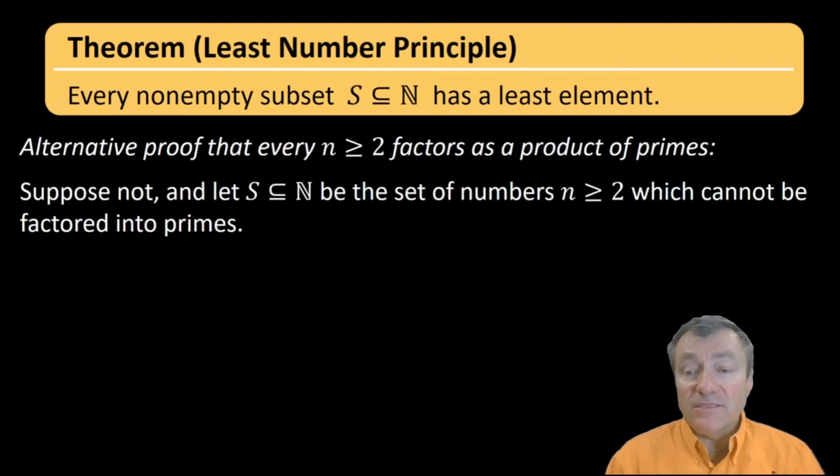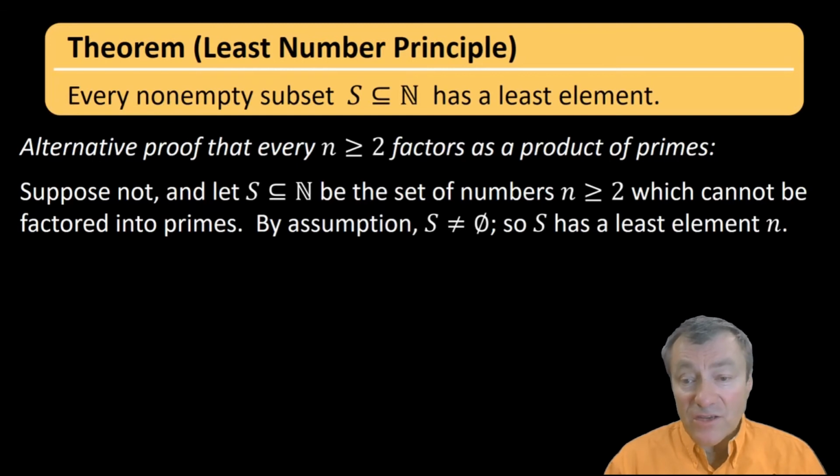Here we take S to be the set of all integers n greater than or equal to 2 which cannot be factored into prime factors. The theorem we're trying to prove is that this set is empty. So let's prove that by contradiction. Suppose it's not empty, and look for a contradiction.